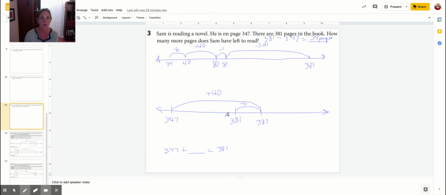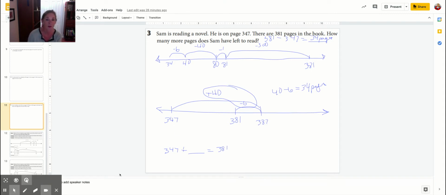So we end up at 381, and the answer is here on the top, 40 minus 6. 40 minus 6 equals 34. Hey, it worked. Yay! 34 pages. Ooh, terrible writing. That is how you work on the difference strategy.